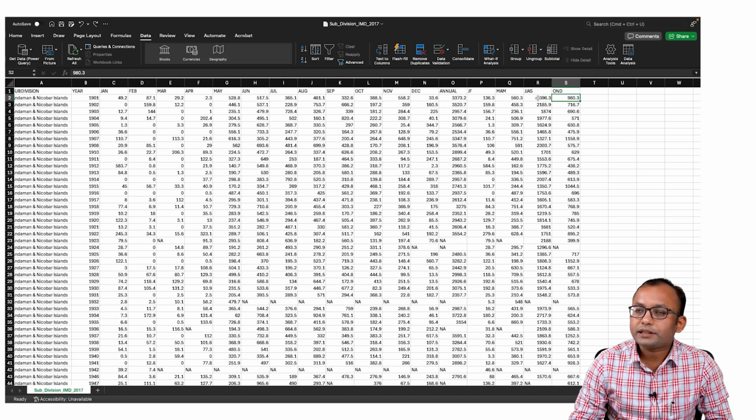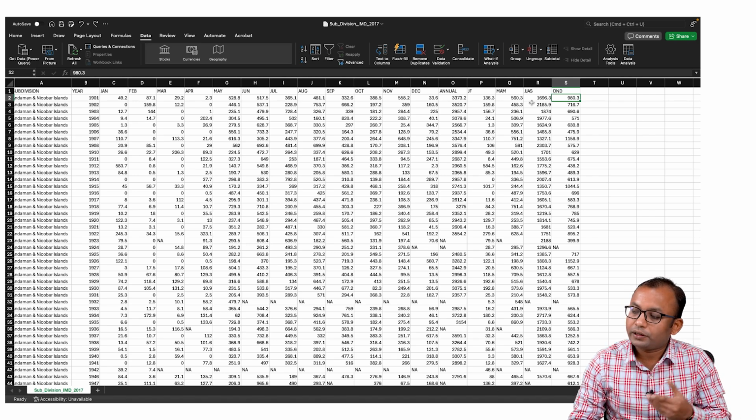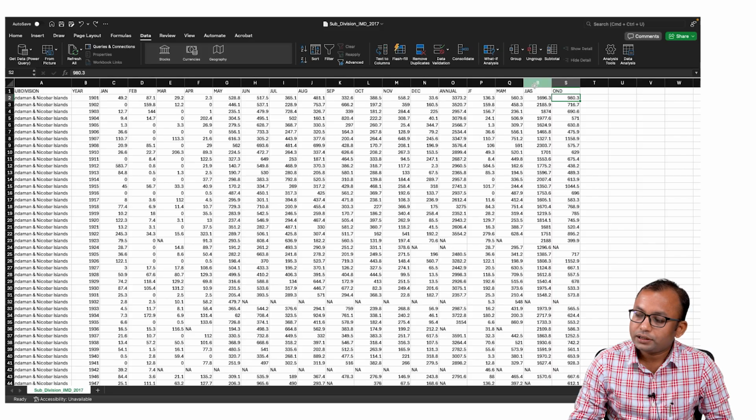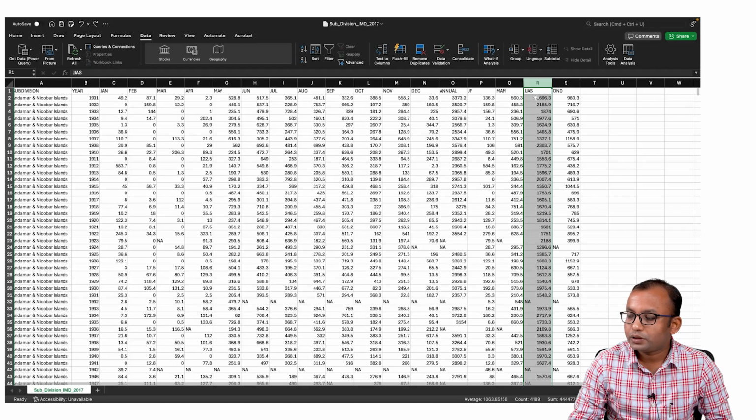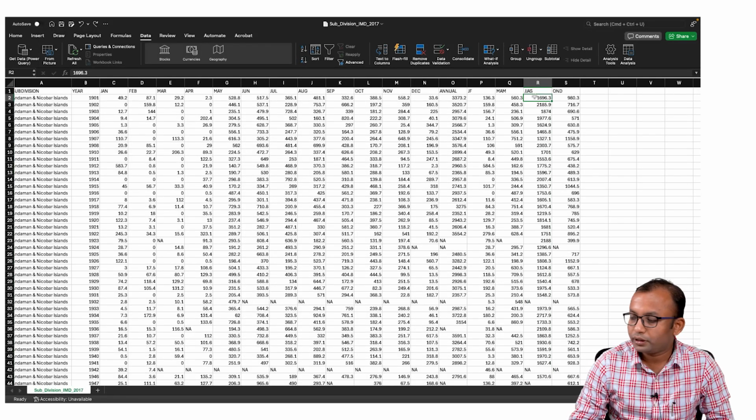JJAS is called the monsoon months, where the monsoonal activities occur during this particular period. This value represents the rainfall we received during the monsoonal months, June, July, August and September, and the rest of the months you can consider non-monsoonal months, for example October, November, December, January, February, March, April and May.